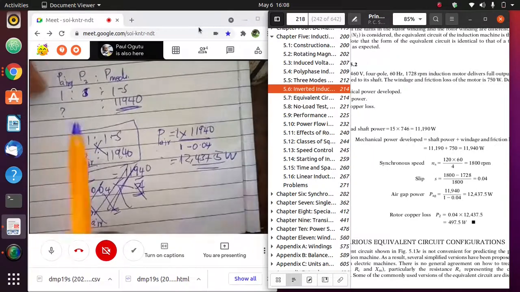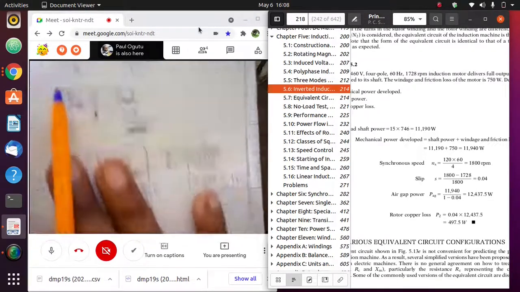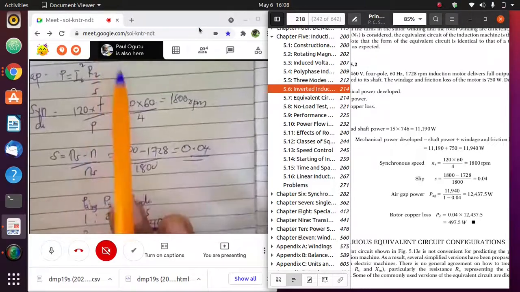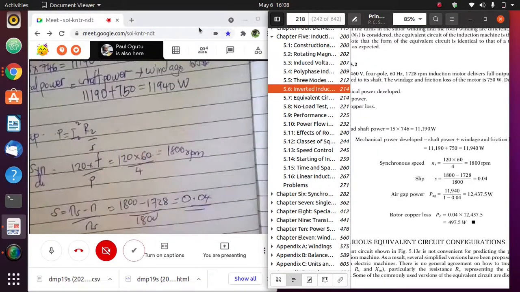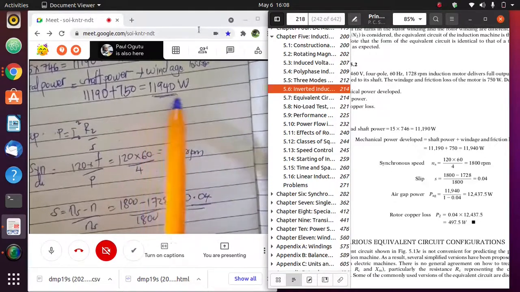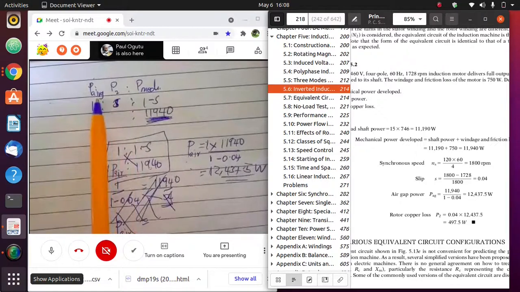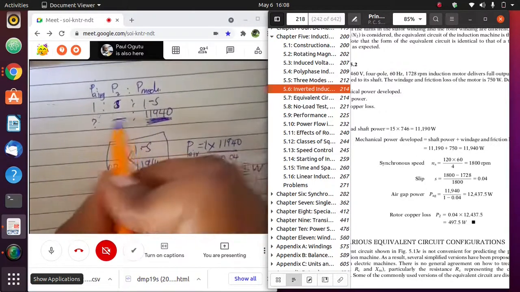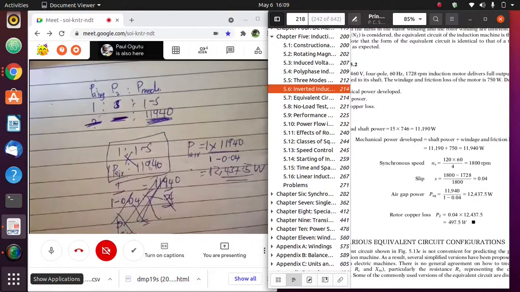What we have utilized is these ratios. We got the mechanical power by adding the shaft power plus the windage losses of 750, and we got that the mechanical power is 11,940. But utilizing this ratio 1 is to S is to 1 minus S, we can determine the copper loss power, and we can also determine the air gap power.